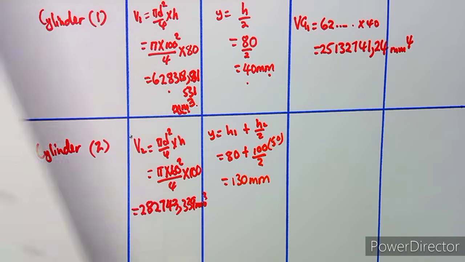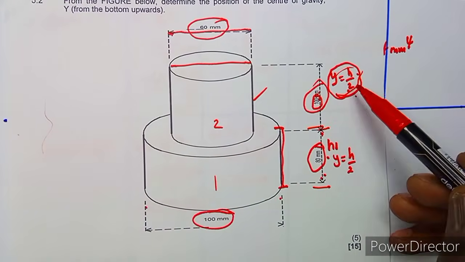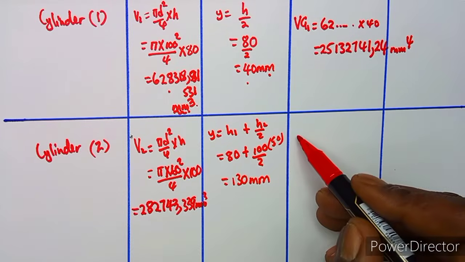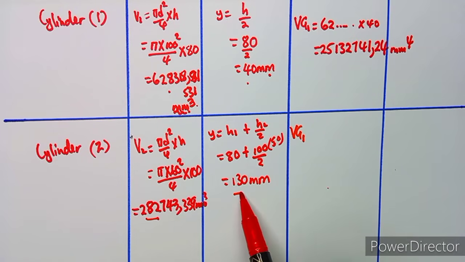So take note, guys, it's on top, so you add the first height to the center of gravity. But here it's just going to be normal, as usual: your volume times the center of gravity.